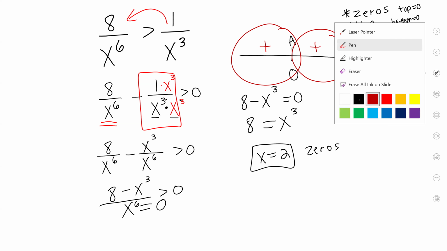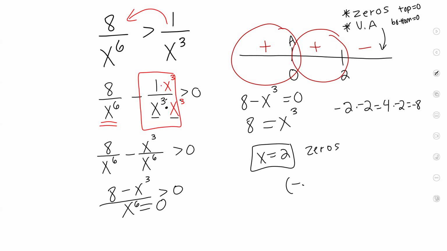Okay, so that means I'm going to have negative infinity to 0. And that's an asymptote, so it should be a parenthesis right here. And then from 0 to 2, can you equal the 2? Why are y'all saying yes or no?